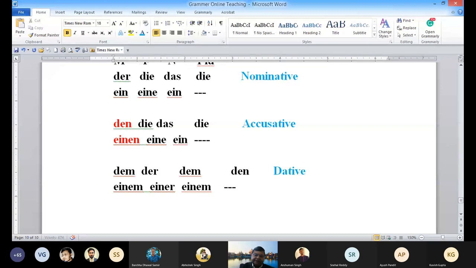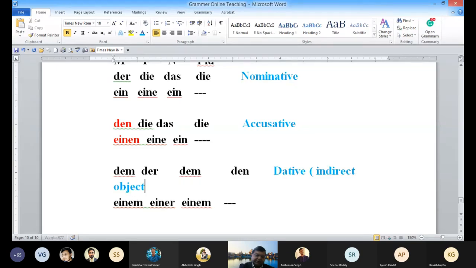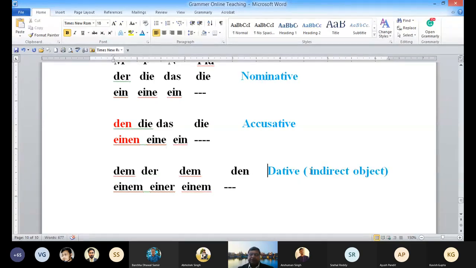In bracket I write here: this is called indirect object. Indirect object. And this accusative, in other words, is called direct object.